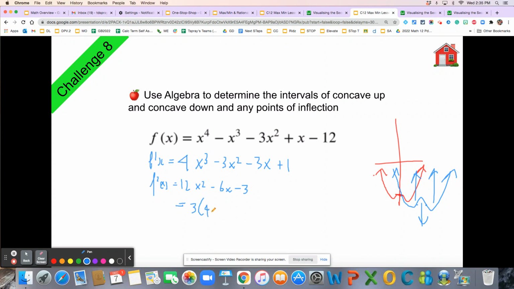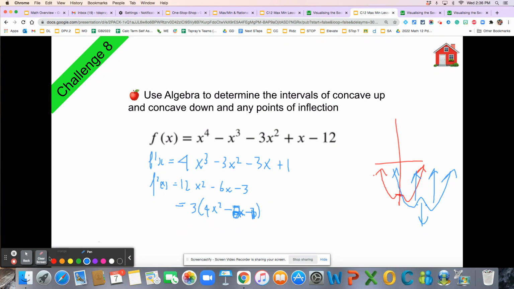This is going to be 4x squared minus 2x minus 1. And that's looking better. Now I need to factor that. I need two numbers that multiply to 4 and add to negative whatever.